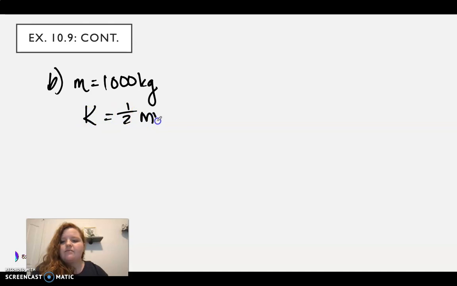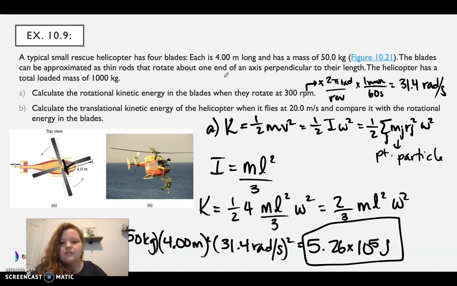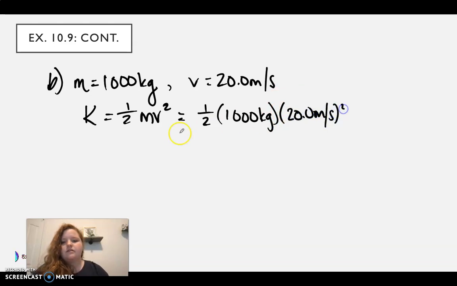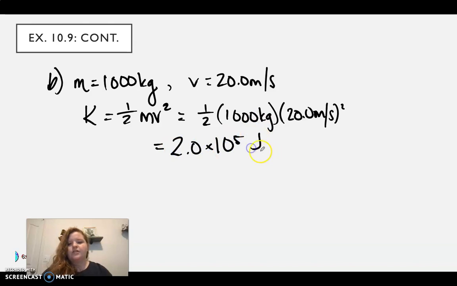This is going to be 1/2 mv squared, where our velocity was given as 20 meters per second. So we're going to say 1/2 times our mass times our velocity squared. We put that into our calculator: 0.5 times 1,000 times 20 squared. So we get 2.0 times 10 to the 5th joules.